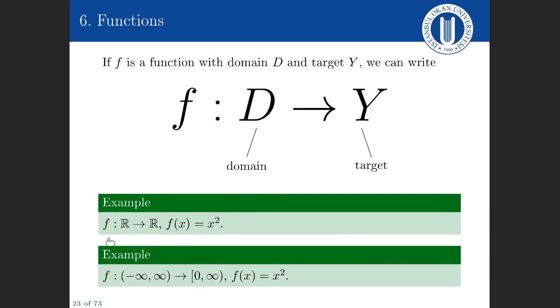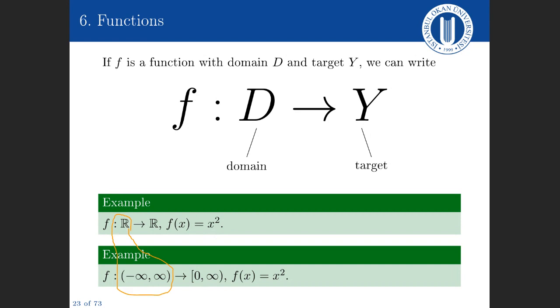Two examples. The function which goes from the real numbers to the real numbers and has the formula f of x equal to x squared. Or a different function, the function f which goes from the open interval from minus infinity to infinity, but of course that's just the real numbers, that's the same.